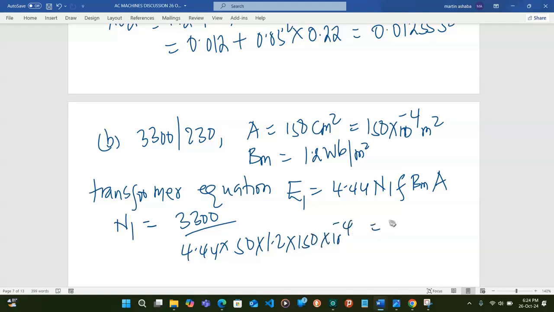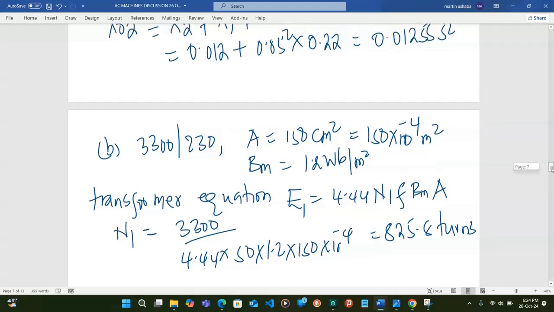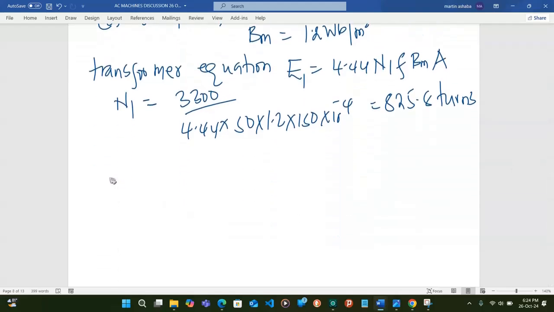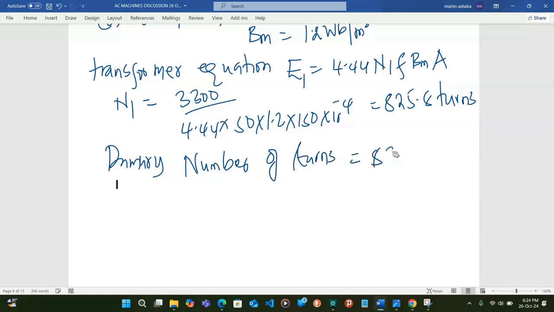If I evaluate that, I get 825.8 turns. Therefore, the primary number of turns will be 826. Yes, you can approximate to 826.